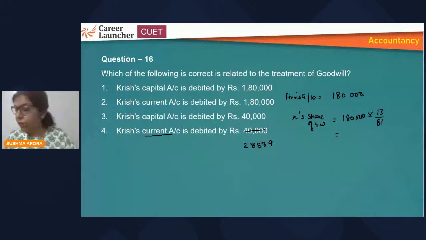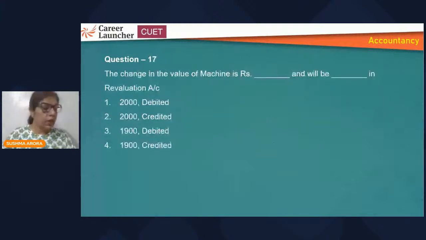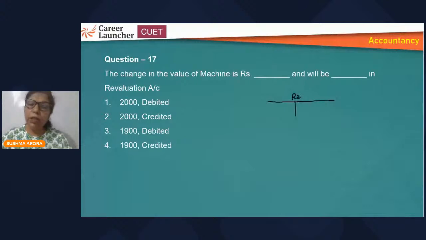Now see, the change in the value of machine is rupees, and it will be debited to revaluation account. See, you can make the revaluation in this type of entry. Here, the value of machine is increasing by 2,000 rupees. How is it increasing?